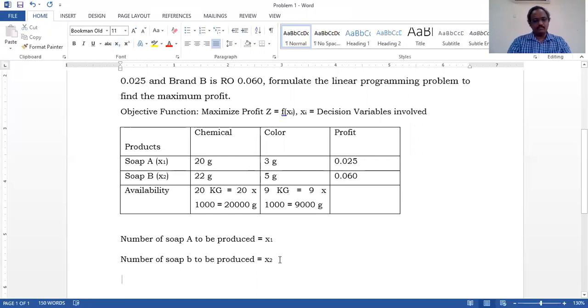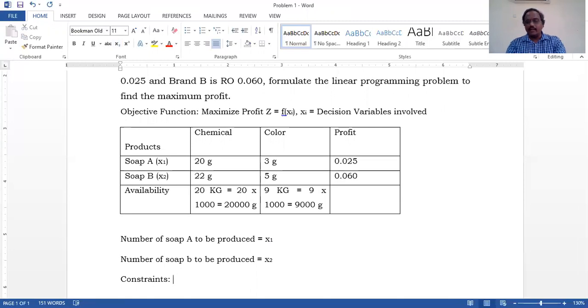Now I'm going to check the objective function. We have to maximize the profit, isn't it? We have to maximize the profit. So before making the profit, I am going to write the condition or constraint. Here we are having two constraints.